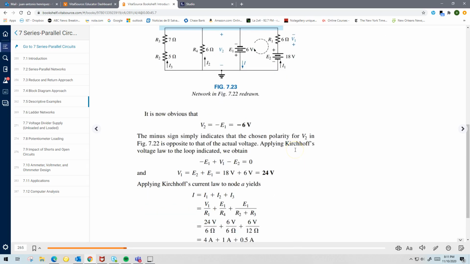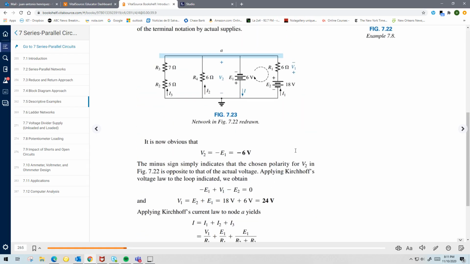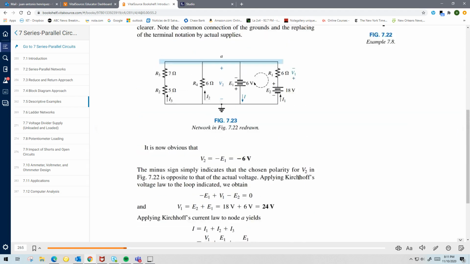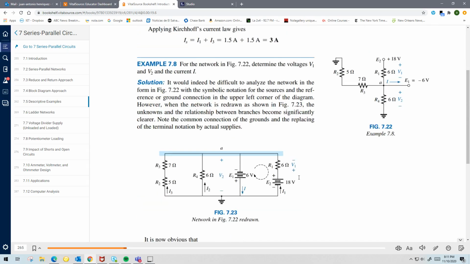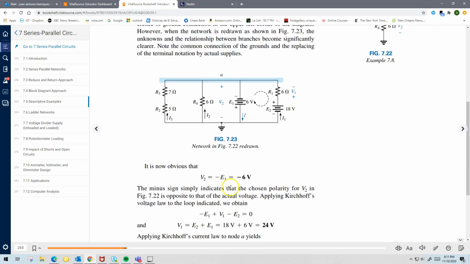And then to find I1, well, I1 can be easily found if we apply KCL at node A. Oh, there's no I1, they want to know what I is, right? Which is this current here. So if you look at this current in terms of KCL, this big node here, right?